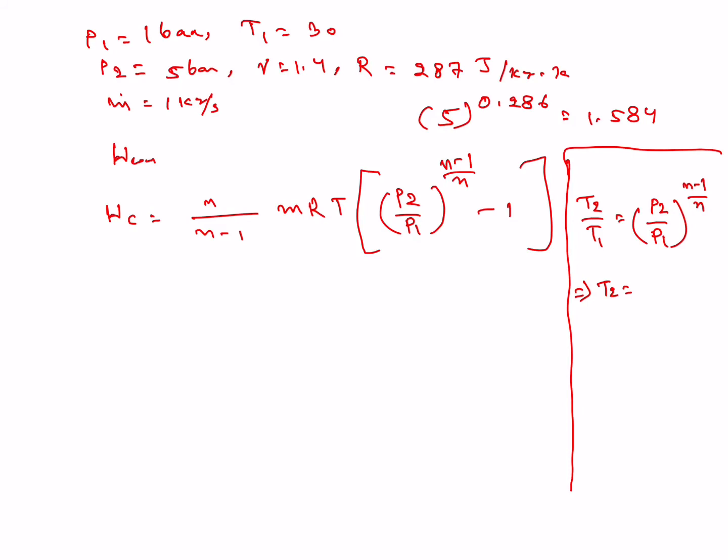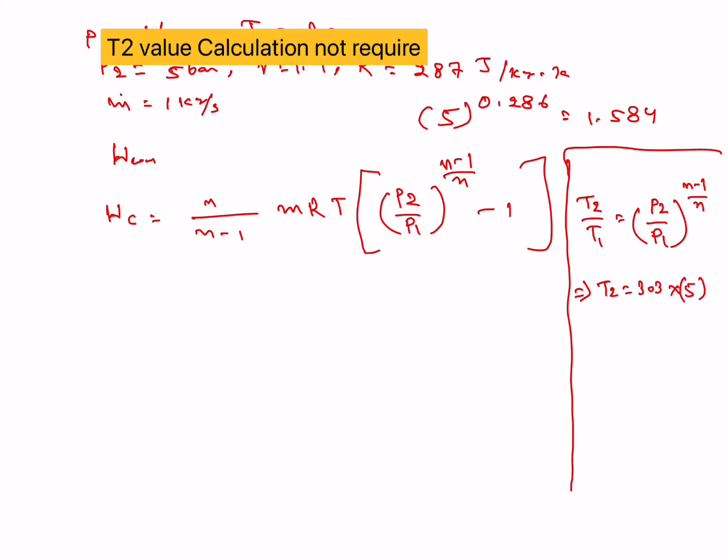T2 equal to T1, how much? 30 degrees Celsius plus 273, 303. So 303 into 5 to the power 0.286, which is 1.584. So 303 into 1.584.